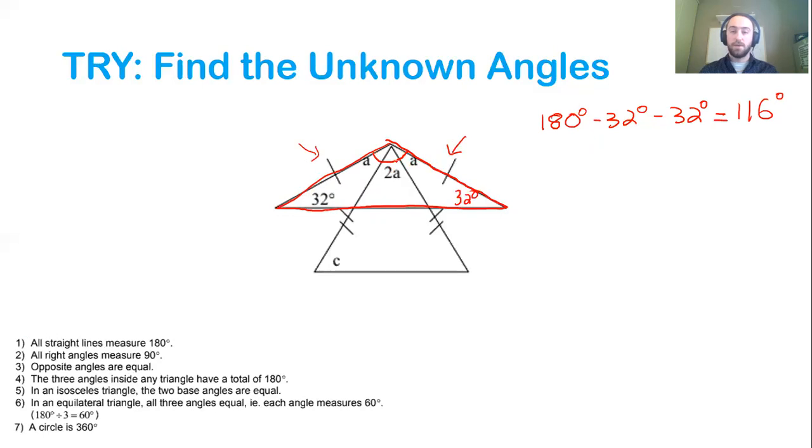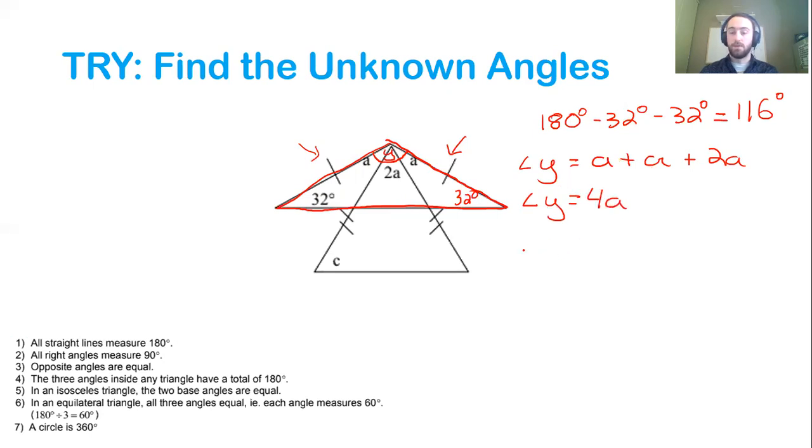So if this entire thing is 116, how would we go about solving for angle A, or angle 2A for that matter? Well, this entire thing, let's label this y. So angle y is simply the sum of angle A plus angle 2A. Therefore, angle y is simply 4A.